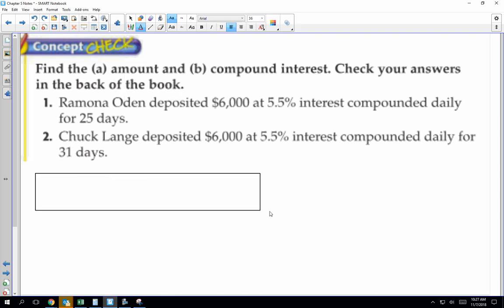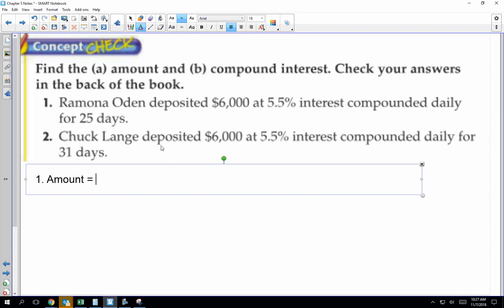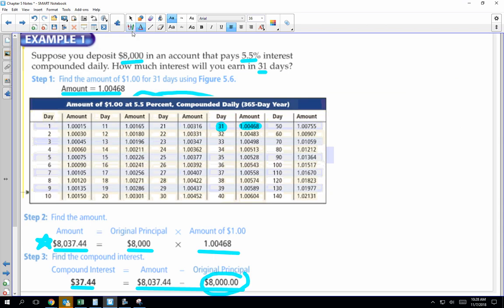I'm going to do number 1 below. Ramona Odin deposited $6,000 at 5.5% interest compounded daily. The amount in our account is going to be equal to that $6,000 times the number from the chart. So we have to look back and figure out what's our number for 25 days. That is back here on this chart. 25 days is right here.